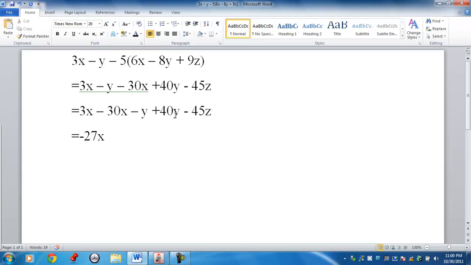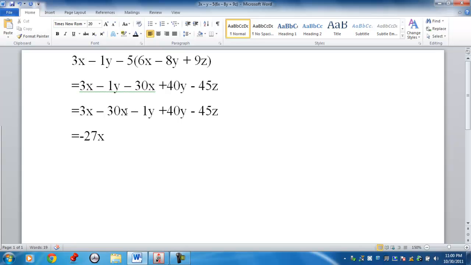Same thing with the y and the 40y. Now if I don't see a number on the y here, it has what's called a value of 1. Okay. So what we're doing is we're taking a negative 1 and a positive 40. Again, when the signs are unlike signs, we're going to subtract the numbers.